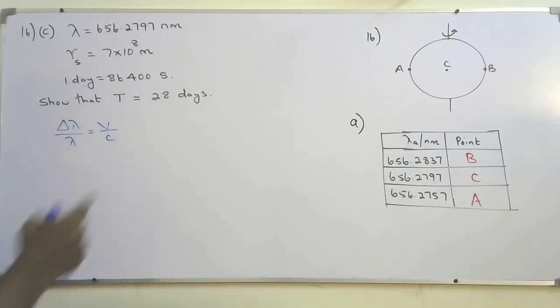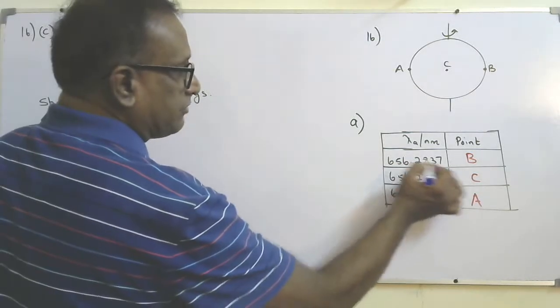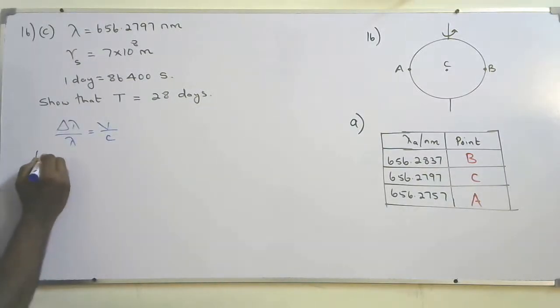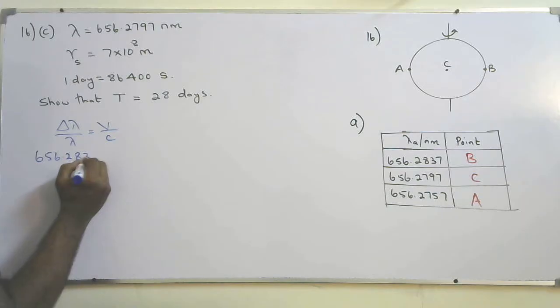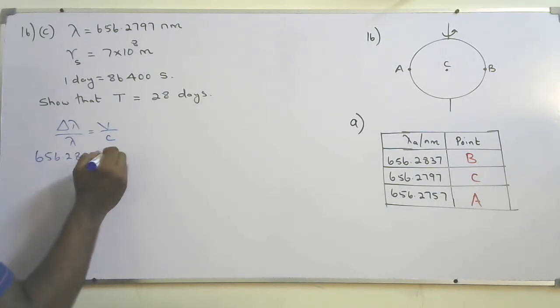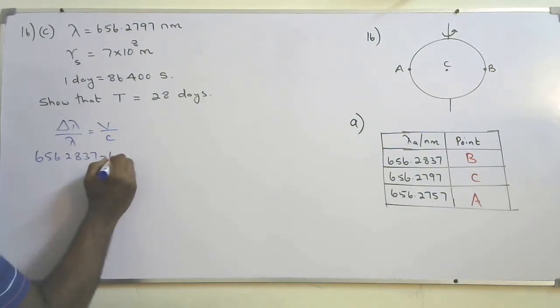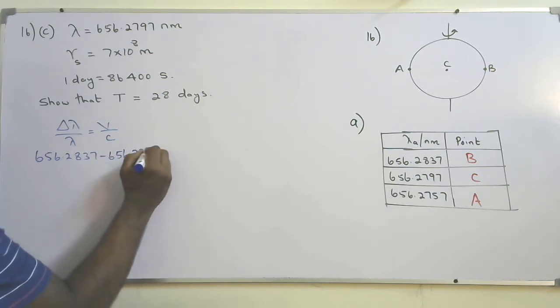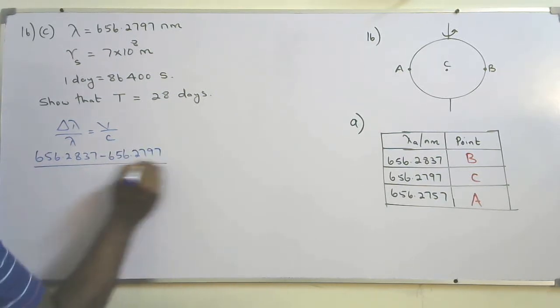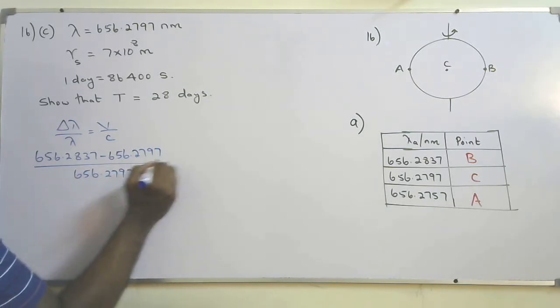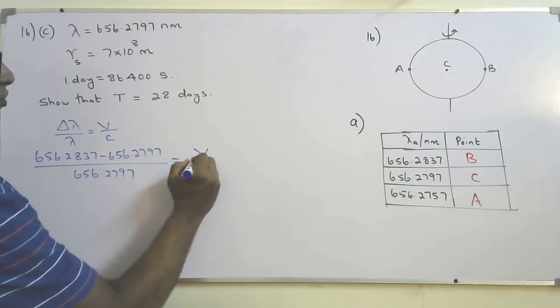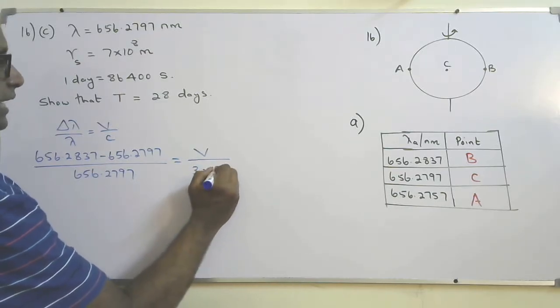B. If I consider the radiation wavelength from B, 656.2837 minus the wavelength 656.2797, over the actual wavelength 656.2797, equals v over 3 times 10 to the power 8.